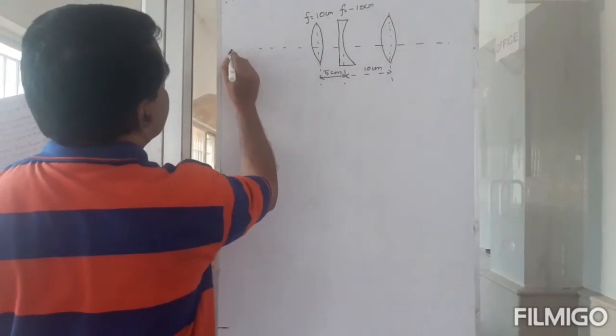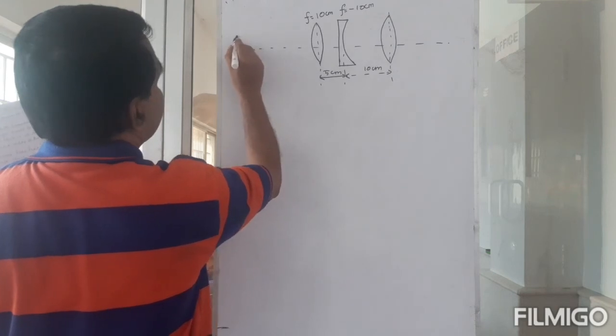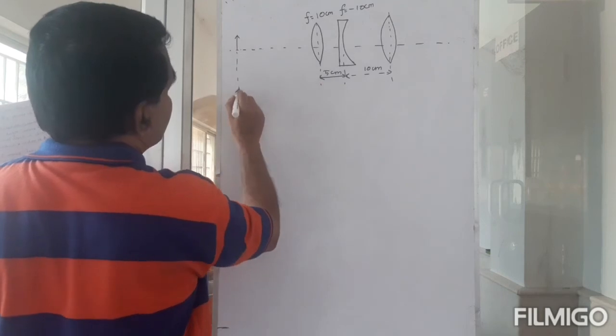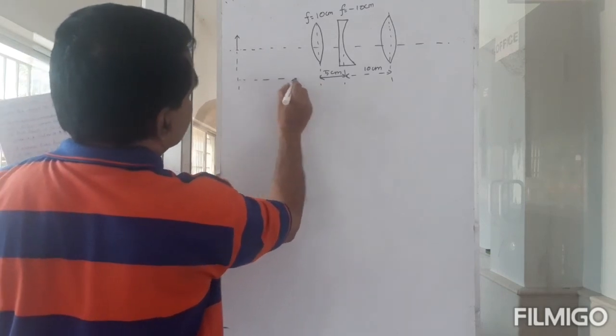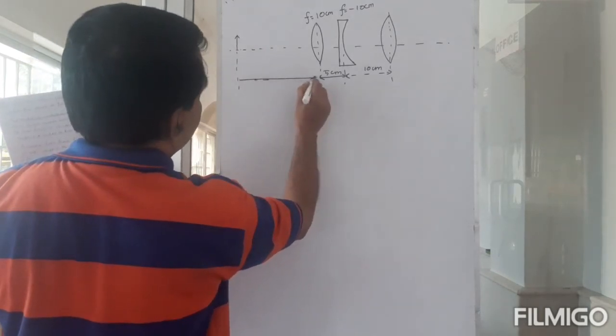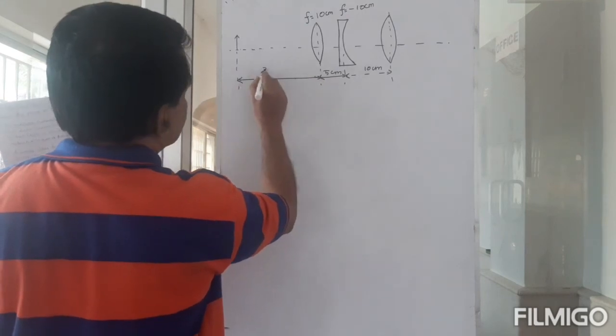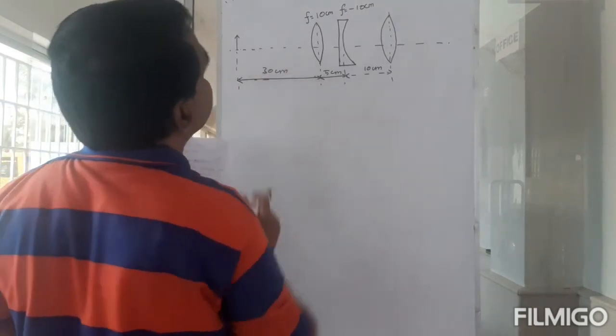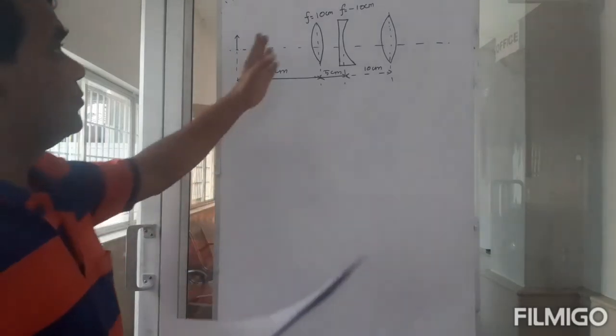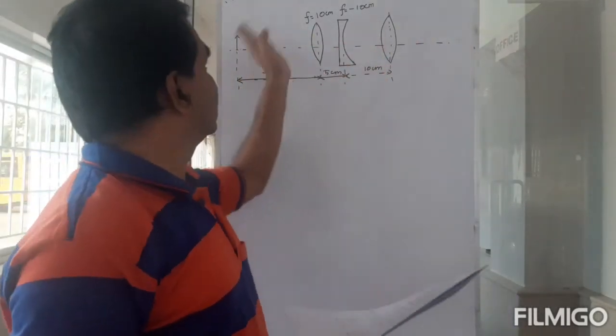So the object is kept here, and that distance is actually 30 centimeters. They want you to find the distance at which the image will be formed.